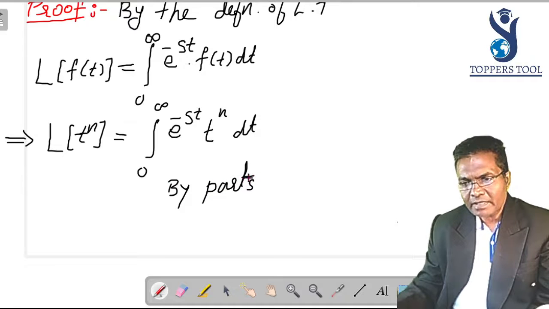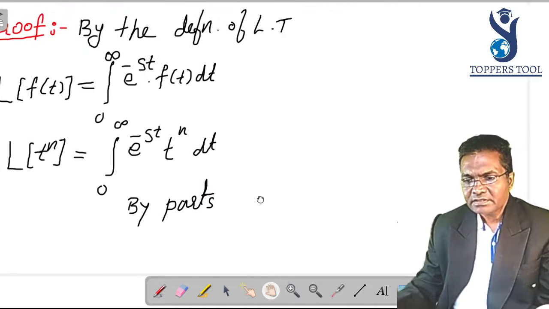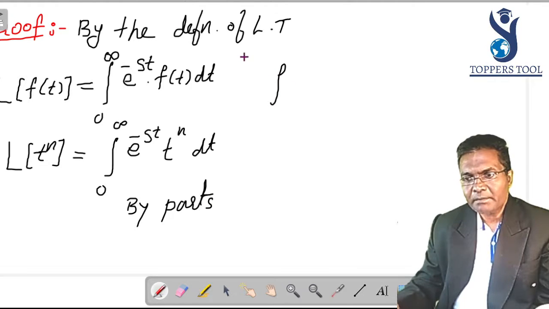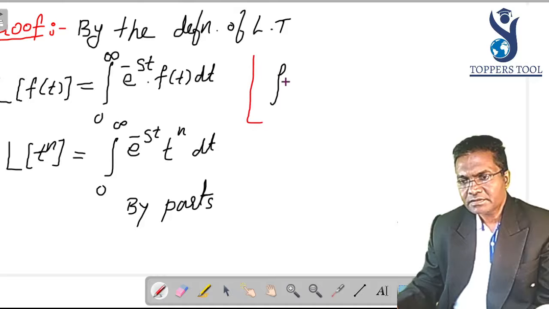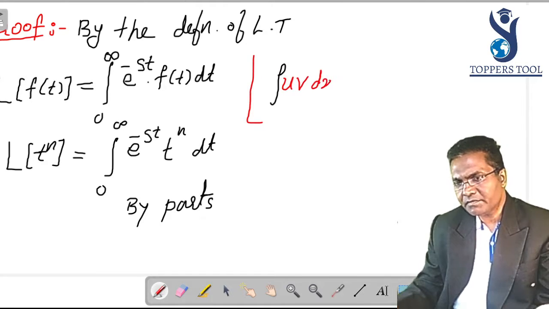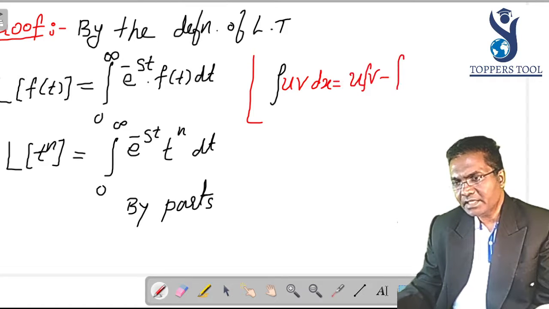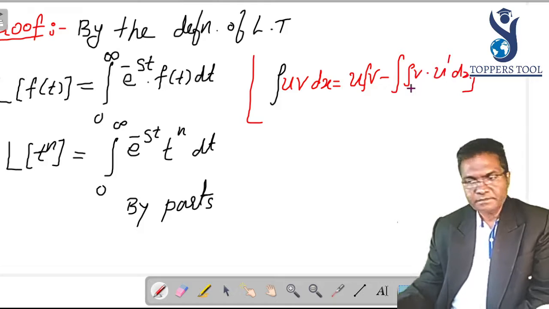If you don't know integration by parts, then look at this: integration of uv with respect to x is first function into integration of second, minus integration of second into derivative of first. This way you can integrate.